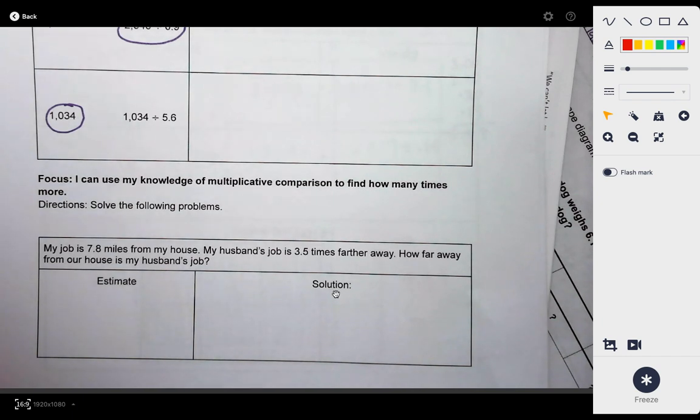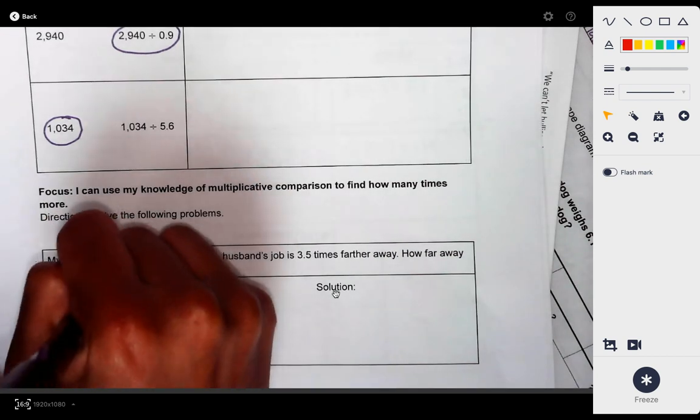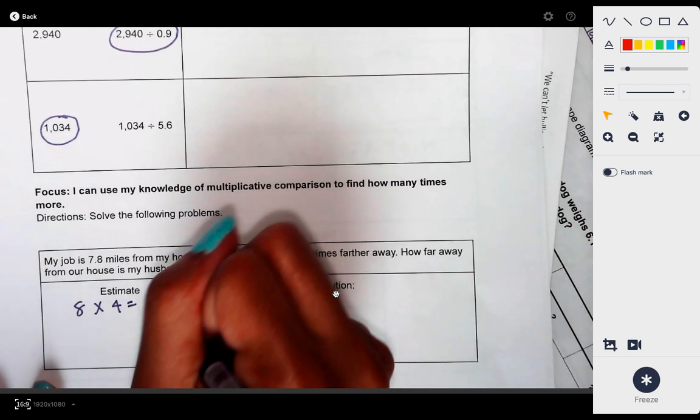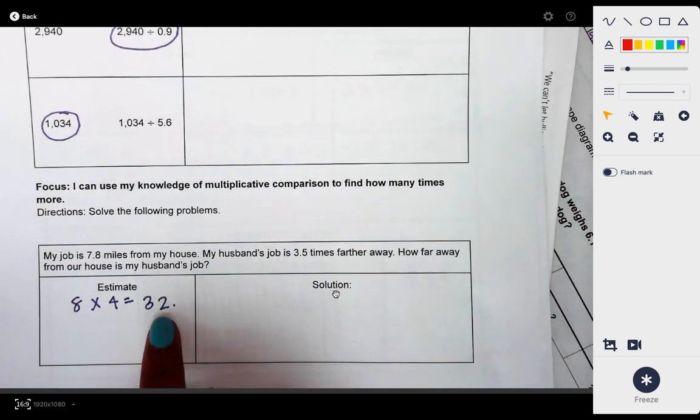So I know based on the fact that it's 3.5 times farther away, but I don't have that second quantity yet, that I'm multiplying 7.8 and 3.5 to get to how far away my husband's job is. So to estimate, I'm going to say 8 times, let's say 4, equals 32. So my husband's job should be about 32 miles away.